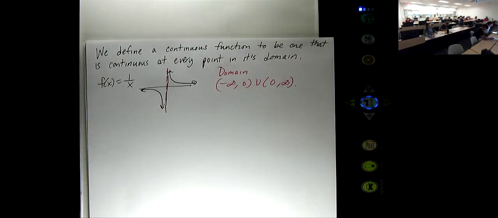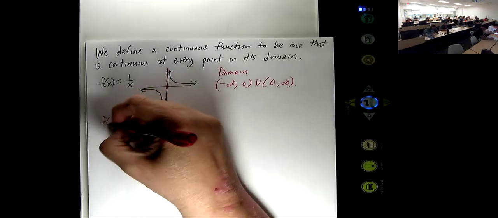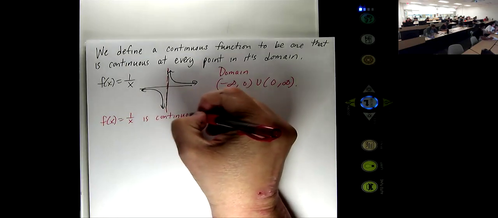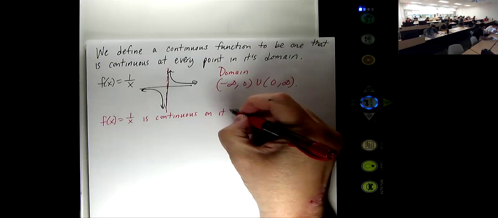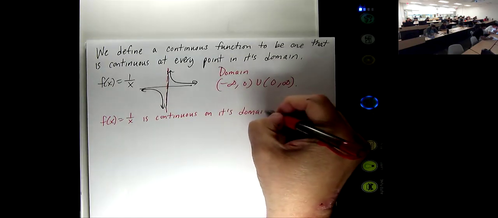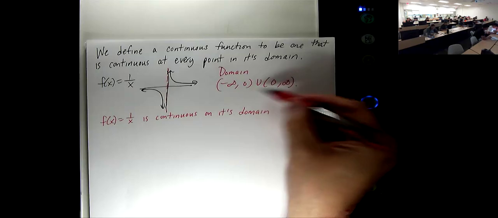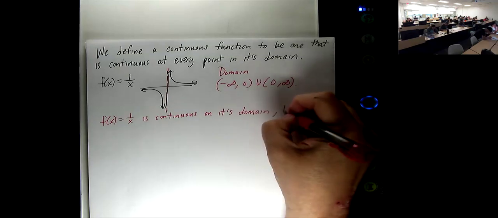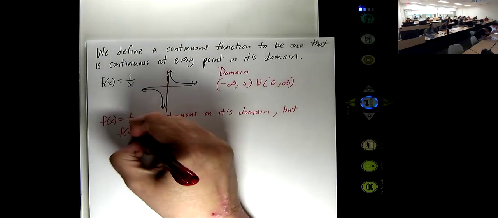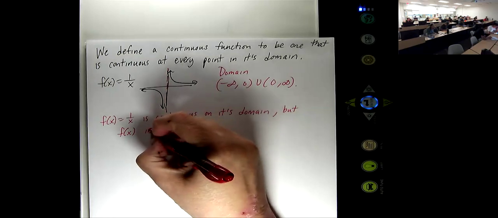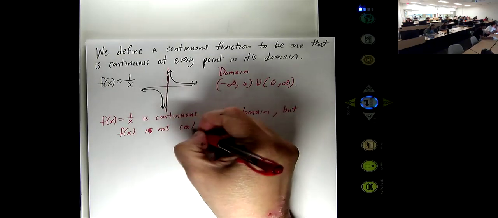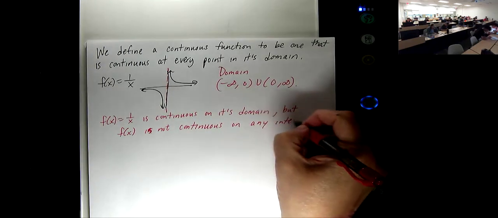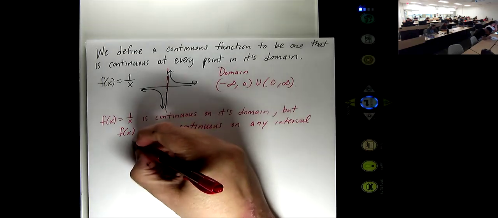So they say f of x equals 1 over x is continuous on its domain. These are two open intervals and everywhere in those open intervals it is continuous. But f of x is not continuous on any interval containing 0.